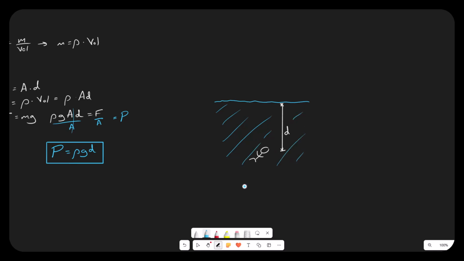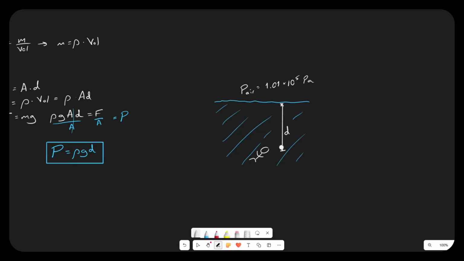And this isn't societal pressure or emotional pressure. This is just, is this all the pressure we deal with? And the answer is no, because above the water we have the air. Air pressure at sea level is 1.01 times 10 to the 5th pascals.